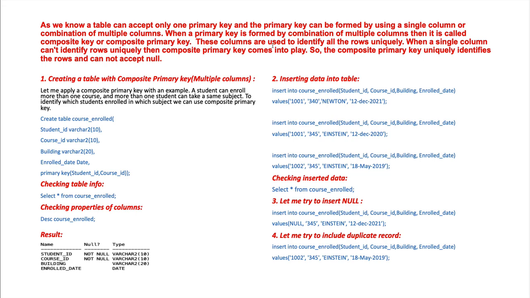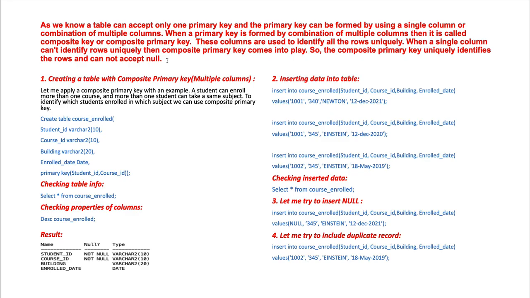These columns are used to identify all the rows uniquely. When a single column cannot identify rows uniquely, then composite primary key comes into play. So, the composite primary key uniquely identifies the rows and cannot accept null value.